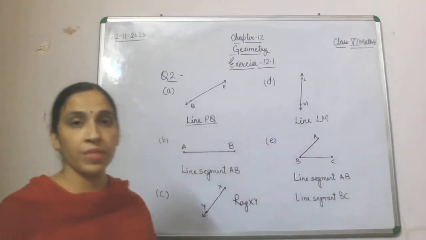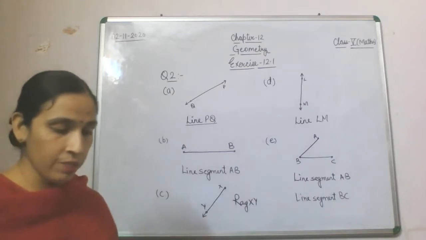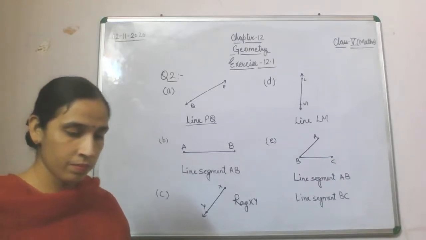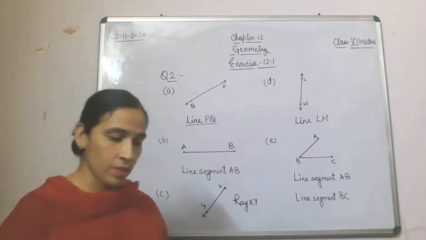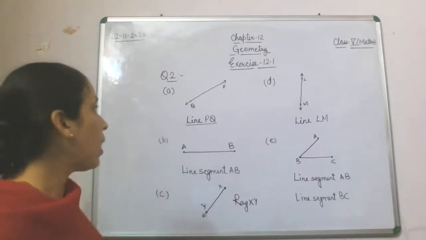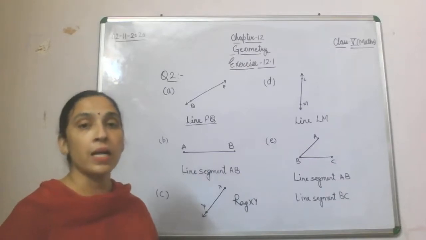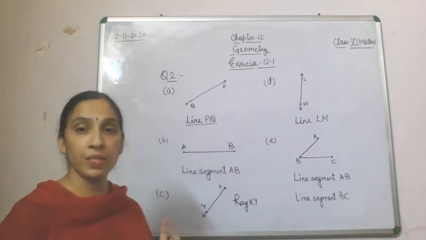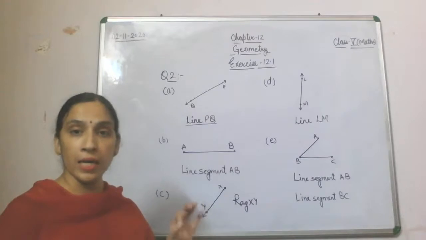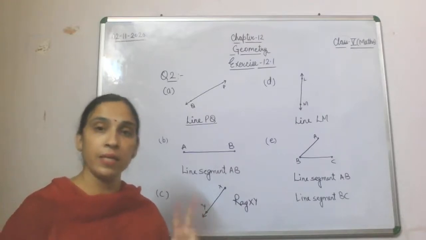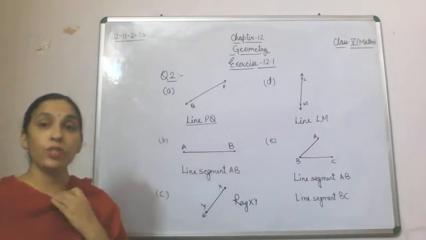So what we have seen here in this question is how we can identify a line segment and a ray. This question 2 is related to identification of line segment and ray. And then the next question is to draw.